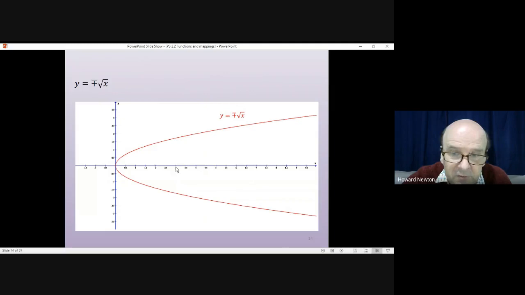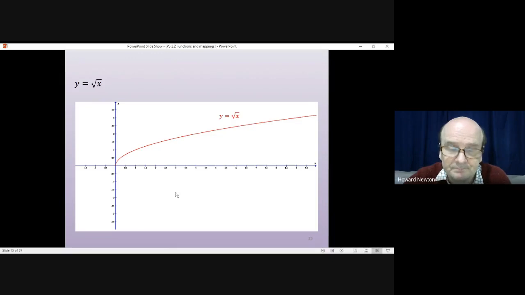For instance, if you look at 3 here, we drew a vertical line at 3, we get one possible output there at plus root 3, and we get another possible output there at minus root 3. But that's the thing you should look for with the graph. If a vertical line cuts the graph more than once, it is not a function.